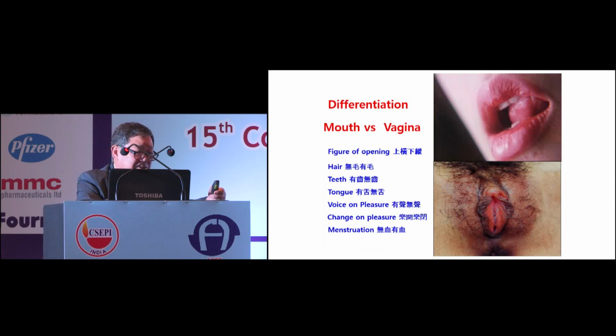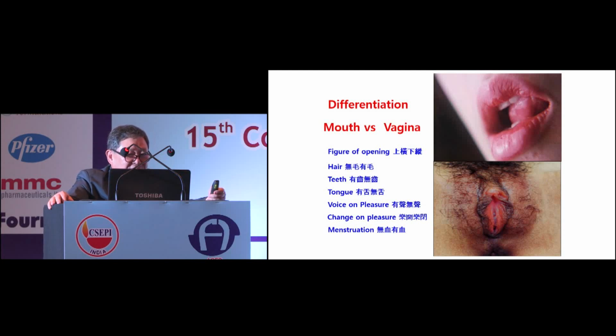This slide is very interesting. In Korean custom, we differentiate the vagina and the mouth. In the figure of opening, the mouth opens transversely, but the vagina opens longitudinally. The mouth has hair and teeth, but the vagina does not have these kinds of organs.